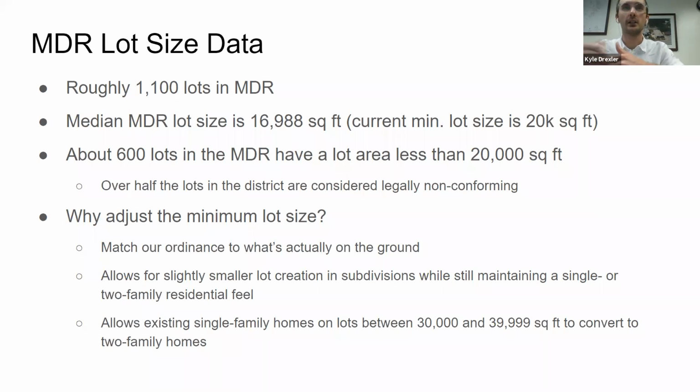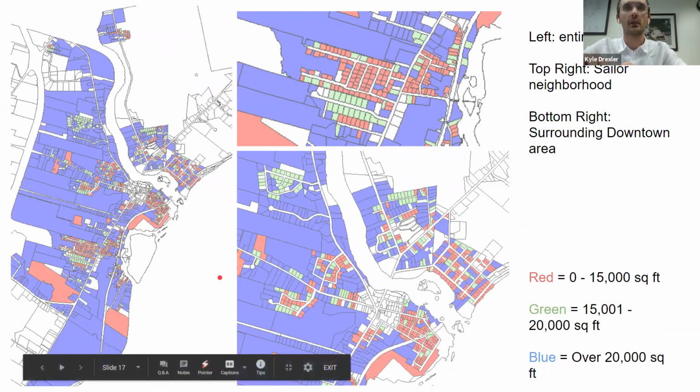And that's a unit that they could rent out, provide housing opportunity for someone else. They could supplement their income. They could do all sorts of things, all while still maintaining a residential feel. It's not like you're turning single-family homes into multifamily homes and bringing in loads of people to neighborhoods that wouldn't otherwise be there.